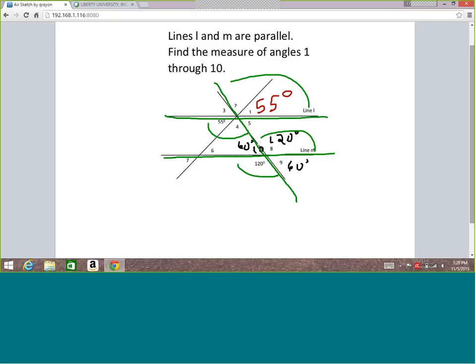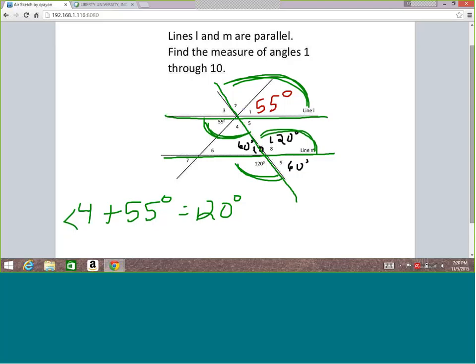Now, that tells me that angle 4 plus the 55 degrees is going to give me 120 degrees. If you notice, angle 4 and that 55 degree angle adds up to 120, and the same thing over here because it's vertical angles with it, and I'm getting the 120 from here because lines L and M are parallel, those angles are the same.